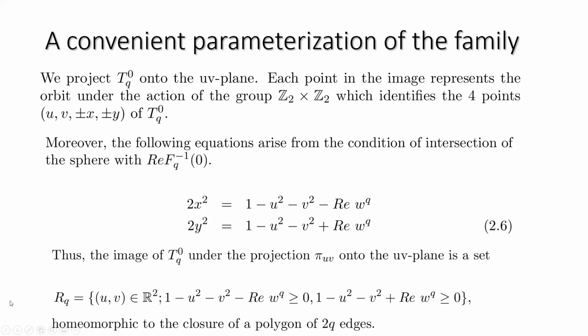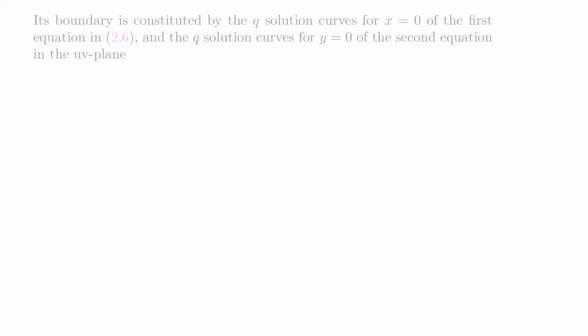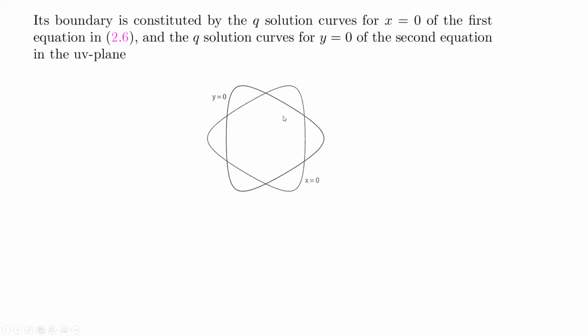In fact, we define a homeomorphic polygon with 2q sides associated to the number q, which is the degree of the polynomial, and we obtain, in fact, a boundary. What do we have? We parameterize here with a hexagon in the case q equals 3, corresponding to a double torus.